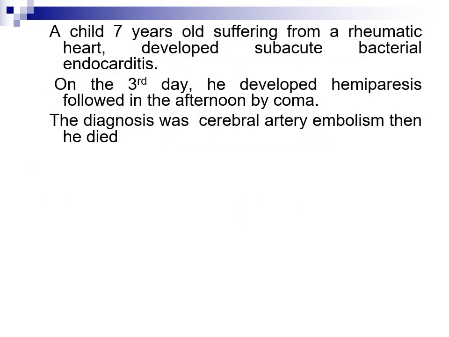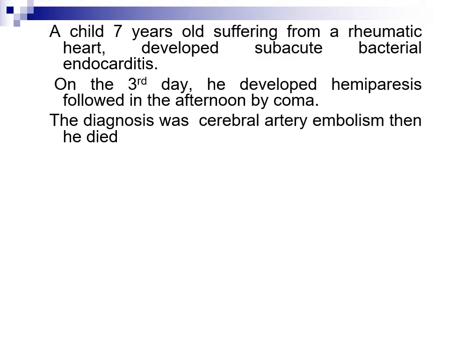A child 7 years old suffering from a traumatic heart developed subacute bacterial endocarditis. On the third day, he developed hemiparesis, followed in the afternoon by coma. The diagnosis was cerebral artery embolism and he died. Here the immediate cause of death is cerebral artery embolism.